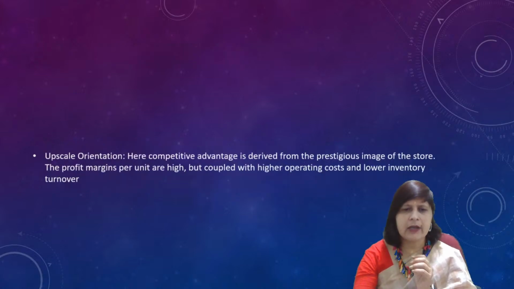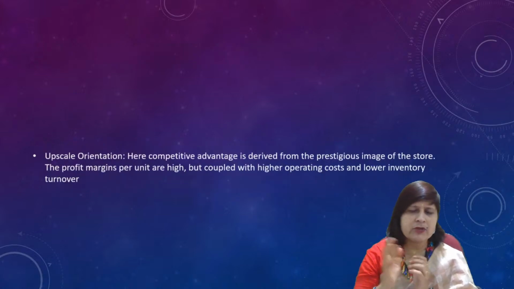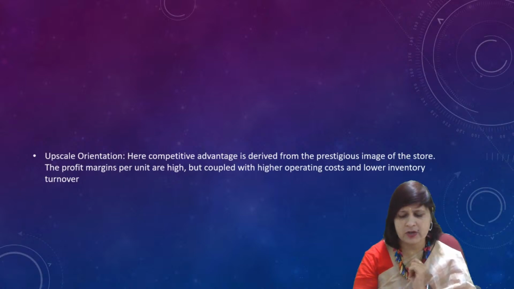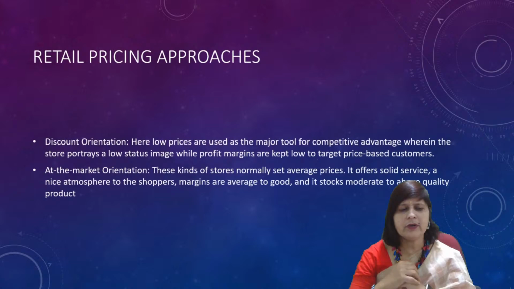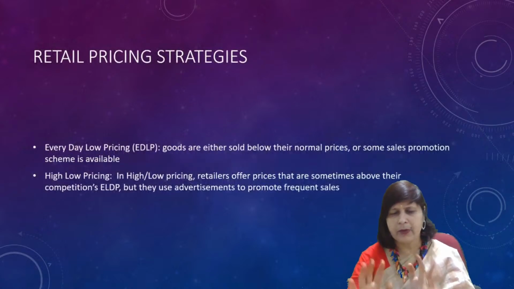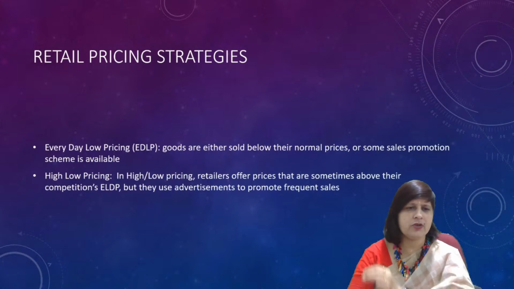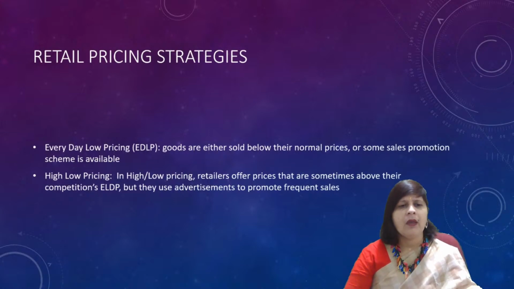If you are targeting the classes, then one must go for upscale orientation, right? If one is targeting masses, then go for discount orientation or at market orientation. You can opt for any one of the strategies, right?